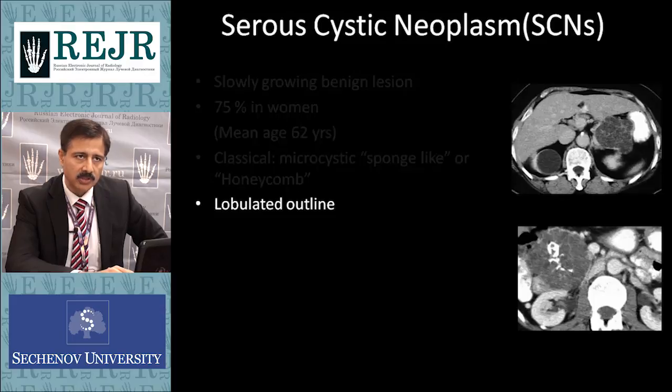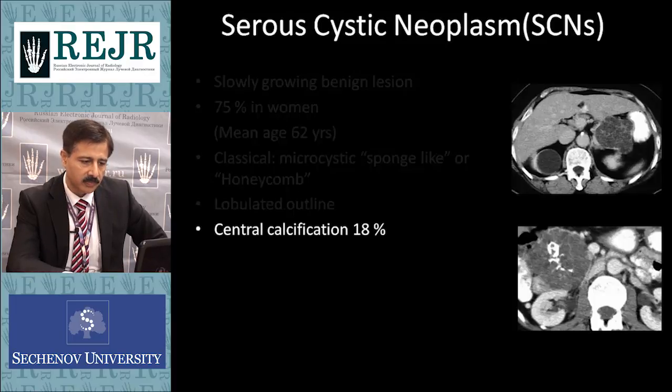Please remember that on a CT scan, we might not see the cysts in each and every case. Actually, these are better seen on MRCP. But having said that, if you don't have MR to confirm your findings, you can still pick up this lobulated outline and infer from that that the lesion is microcystic.